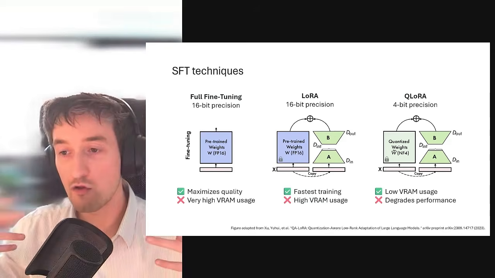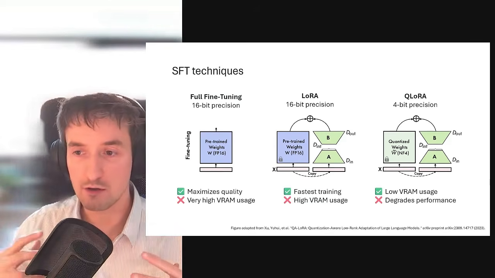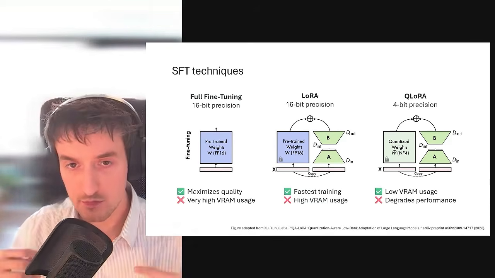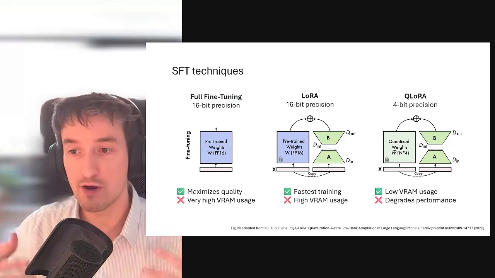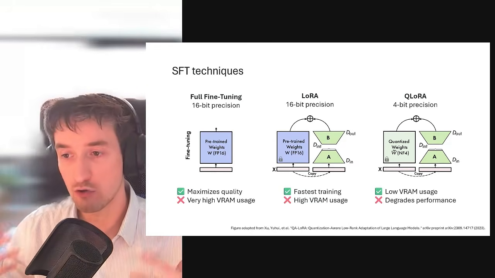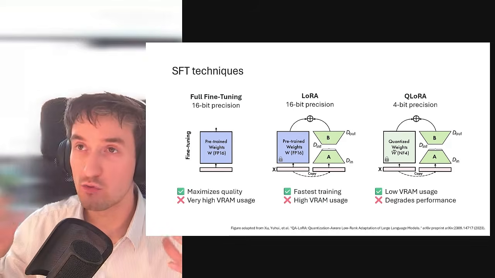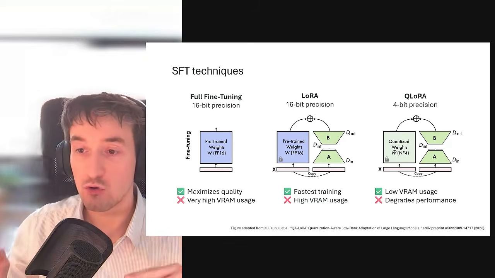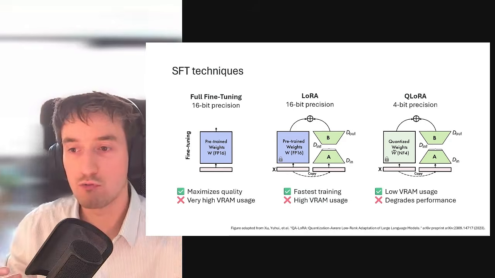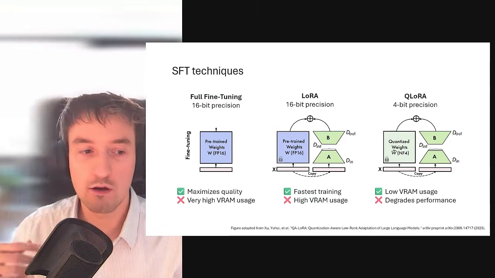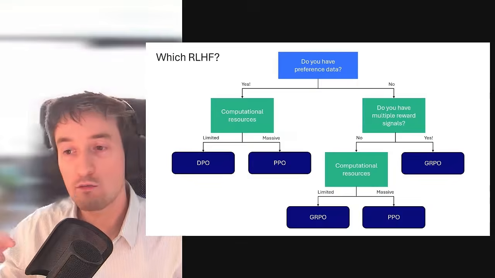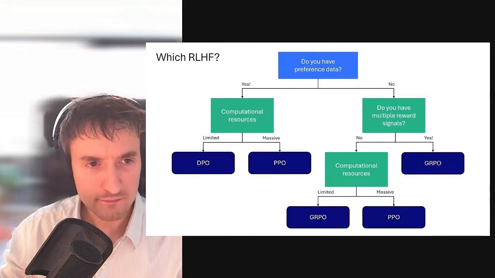So if you can, I would always recommend using LoRA over QLoRA. But sometimes you just do not have the VRAM that's required. In this case, QLoRA can be a good option. But note that it is like 20-30% slower than LoRA, which is another good reason why you want to use LoRA if possible. Then we have preference alignment techniques.